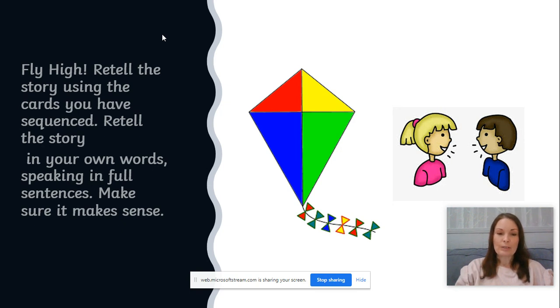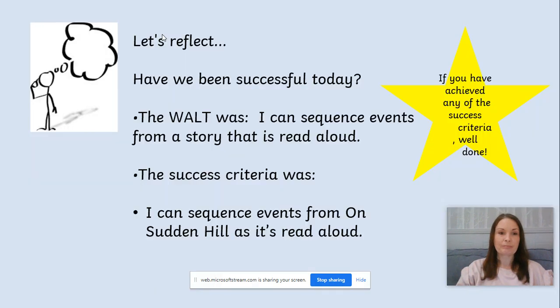And if you could put in some words to tell us how the characters are feeling, or some adjectives, some describing words to make your sentences interesting, that would be fantastic. And also maybe some conjunctions to extend your sentences, like and because.